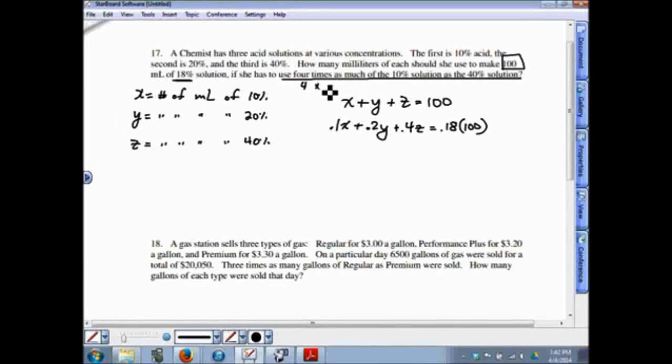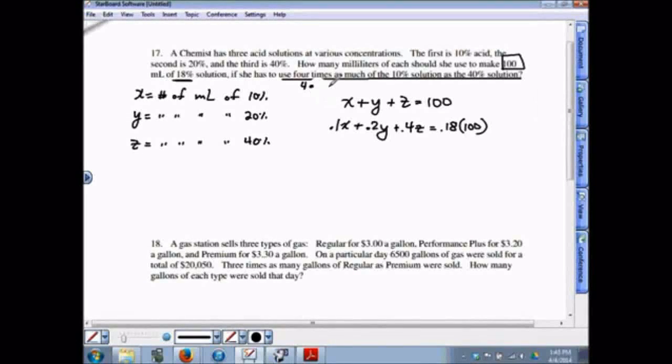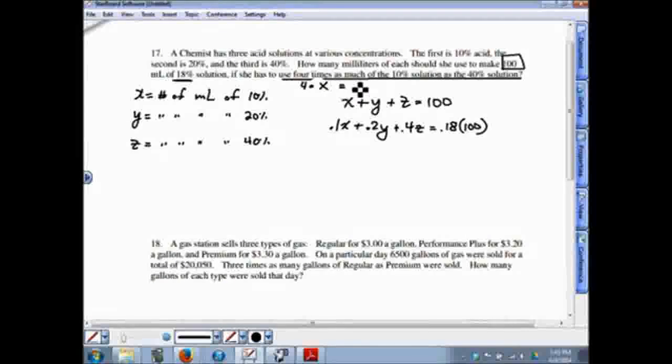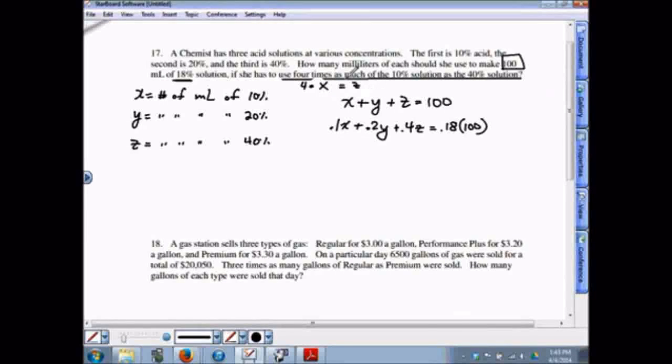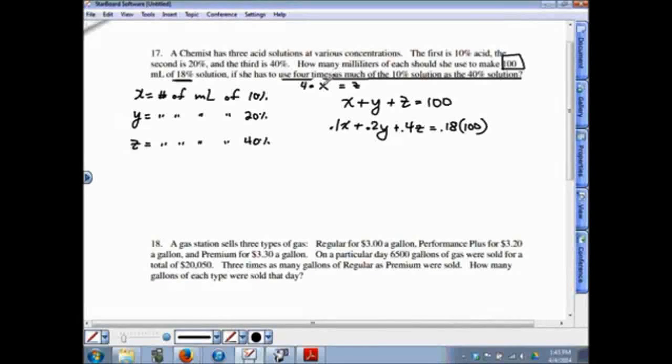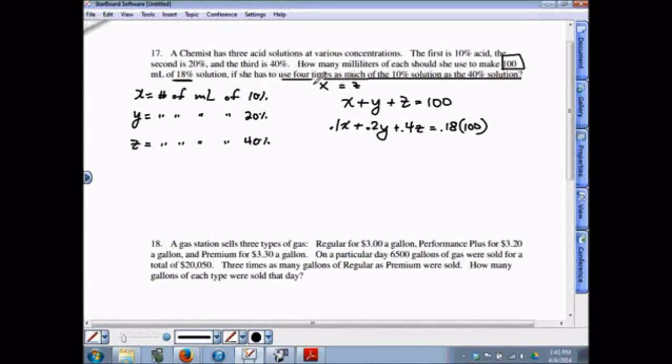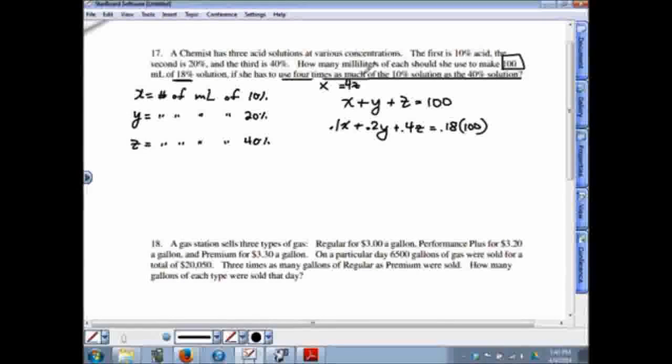They say, okay, there's a 4 times the 10%, so we have a 4x equals z, and they just read it too literally, and this is completely wrong. 4 times x doesn't equal z because x is already bigger than z in the first place, and if we multiply x by 4, now it's even bigger than z. If we want x to equal z, since x is already 4 times as big as z, you have to multiply the 4 over here by z to make it equal x. So that's the equation. X equals 4z.